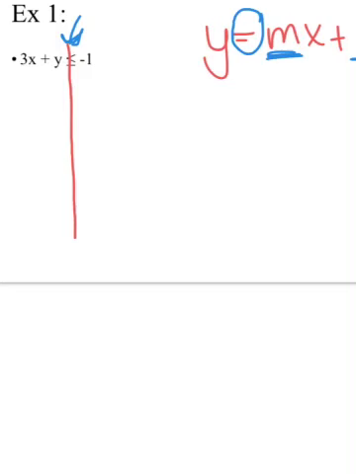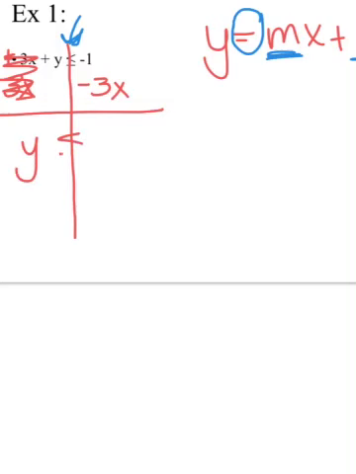Alright, so this is a positive 3x, so the opposite would be minus 3x. Okay, 3x minus 3x goes away, and I'll have y is less than or equal to. Okay, now negative 1 and negative 3x are not like terms, so I cannot add them.